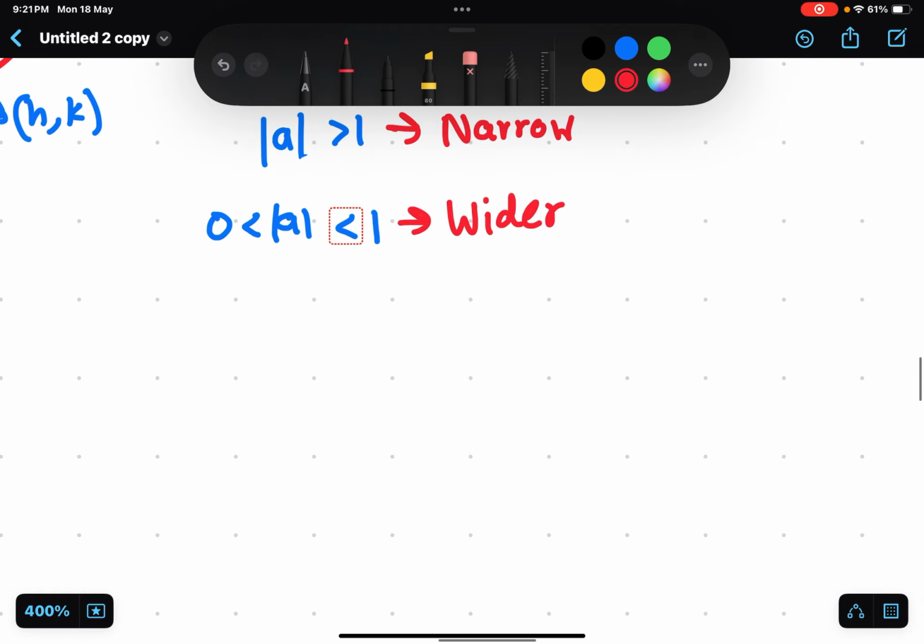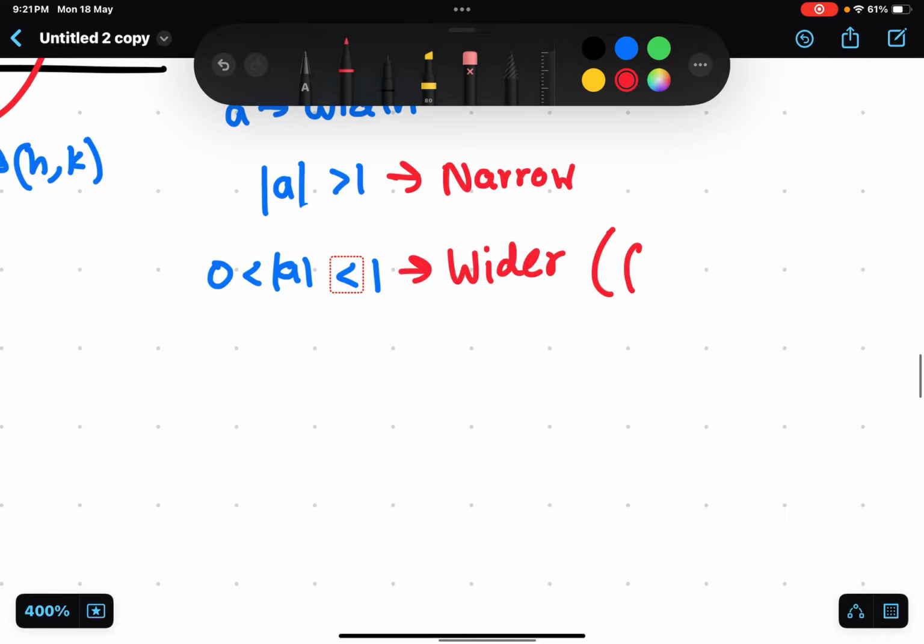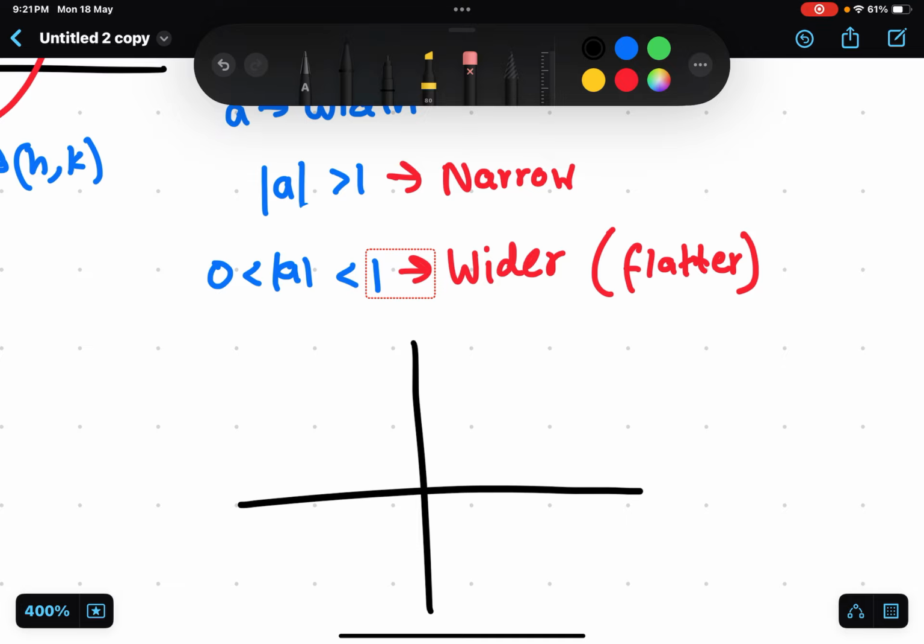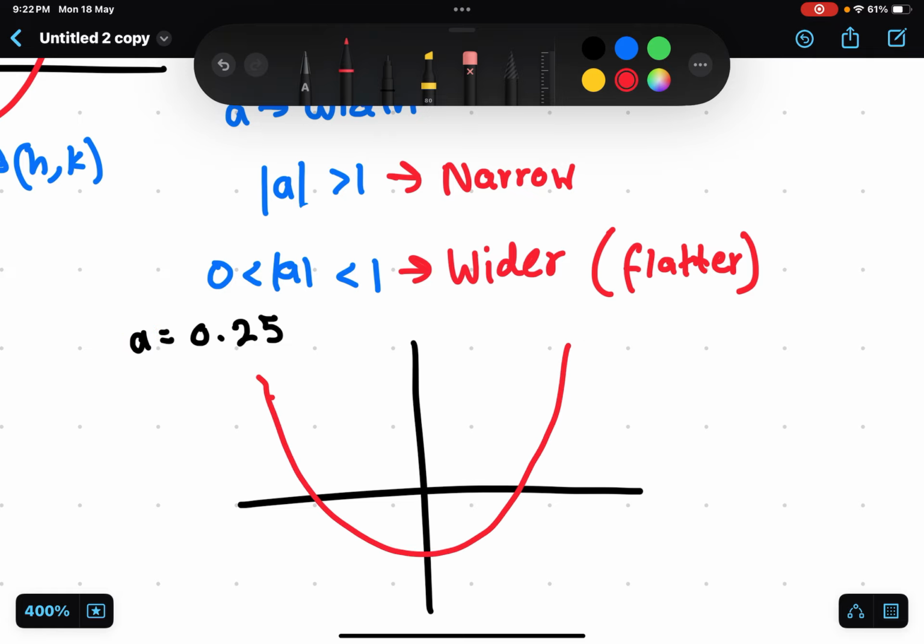Basically this means it's going to be flatter, you can think of it. So when we draw our parabola, and it has an a value of 0.25, our parabola might look a bit like this, quite wide.